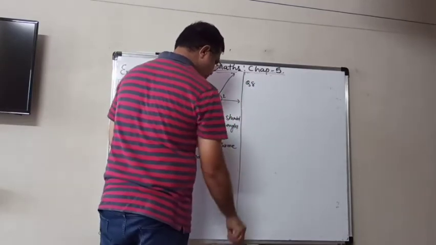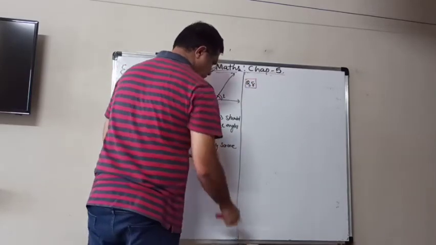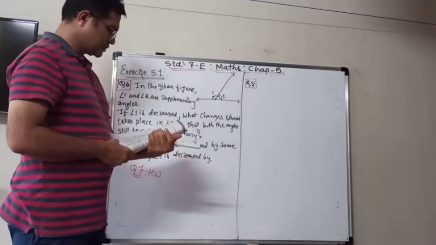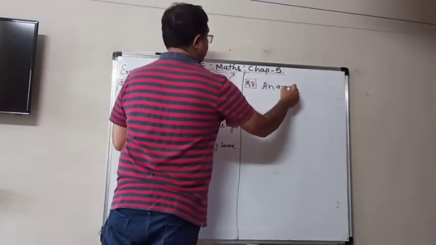So in question number 8, it is given that an angle is greater than 45 degree.